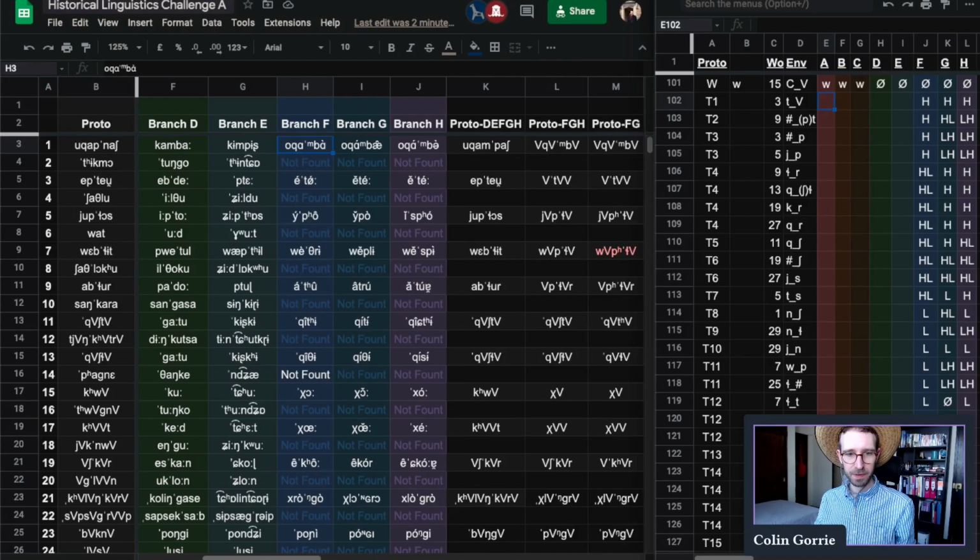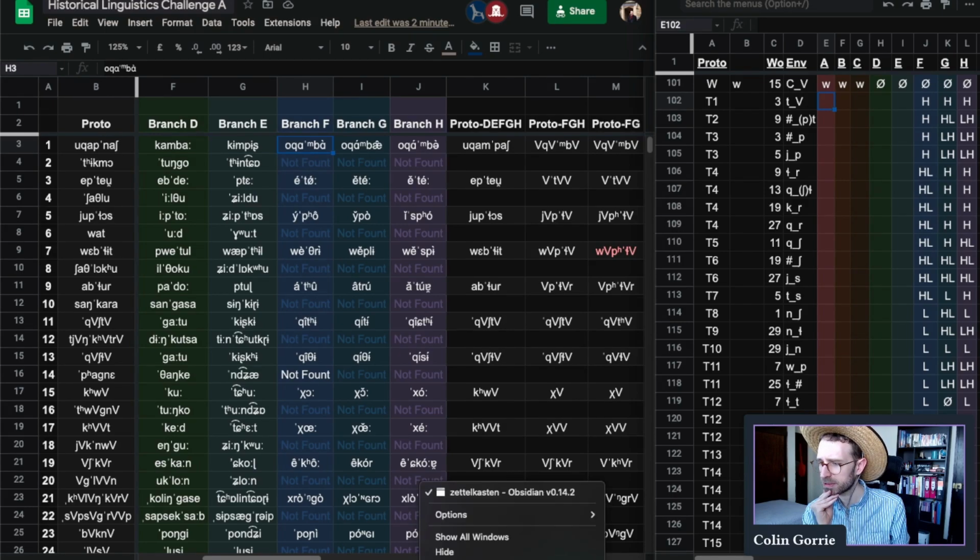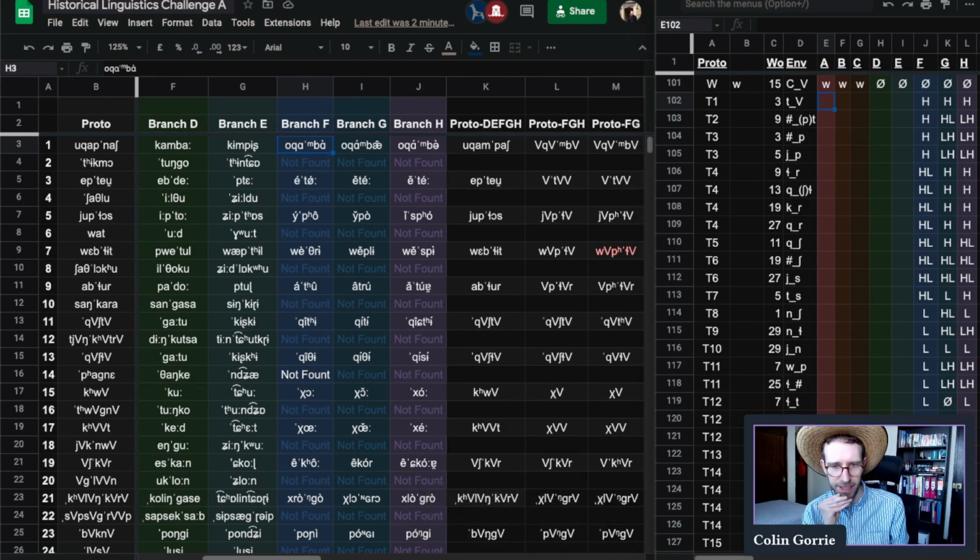Shall we go over the basics of tonogenesis here? If I open this, will it open up? Okay, there we go. But basically, in a nutshell, see if I can get this right from memory.